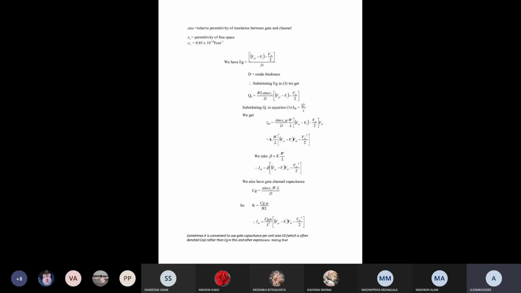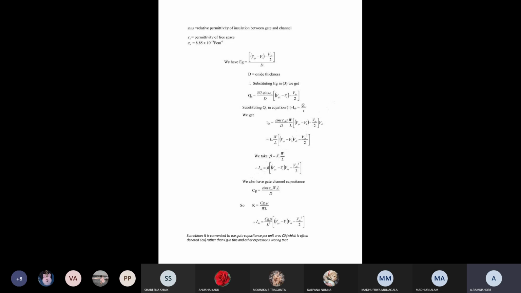That gate channel capacitance will be considered with the K value. So K is nothing but Cg into mu by W by L in terms. The same K value will be substituted in the IDS equation.